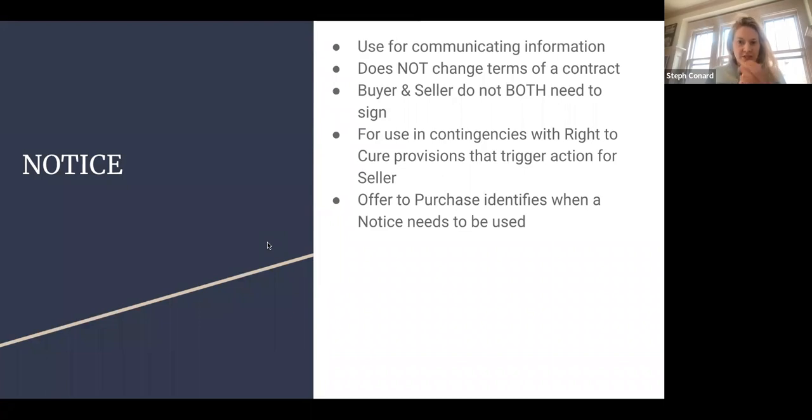It's for use in contingencies with the right to cure provisions that trigger action for the seller, as I had stated before. And I just wanted to make this point that within the provisions of an offer to purchase, it identifies when a notice needs to be used and when it doesn't. So you always have that to rely on when you have a question about whether or not you would need to use a notice.